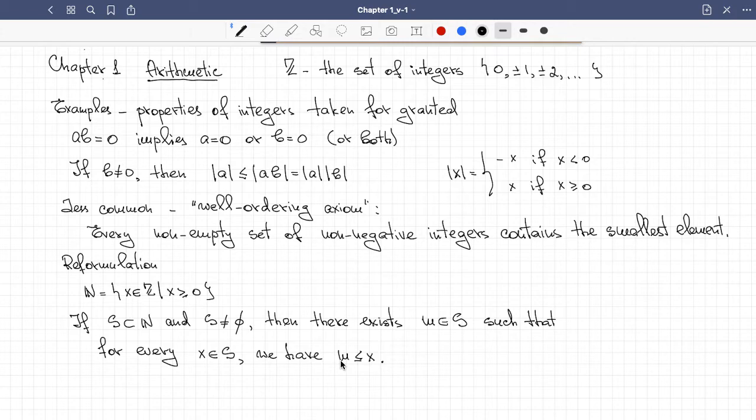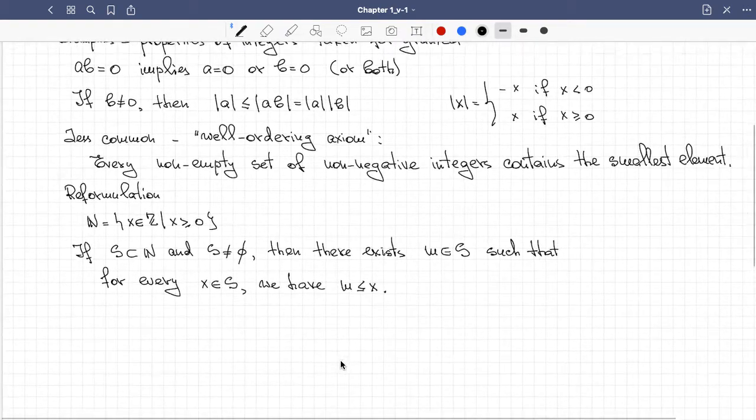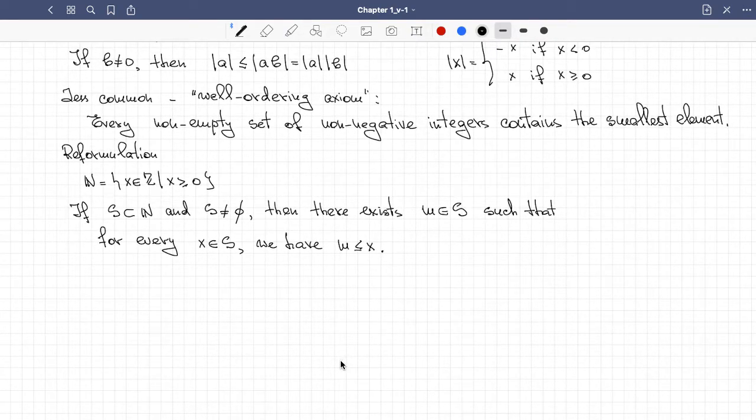That is really an obvious fact. If you think for a minute, you understand that, yes, you know about that. What you probably do not know is that here are some remarks about the well-ordering axiom. First of all, this property is equivalent to the principle of mathematical induction.